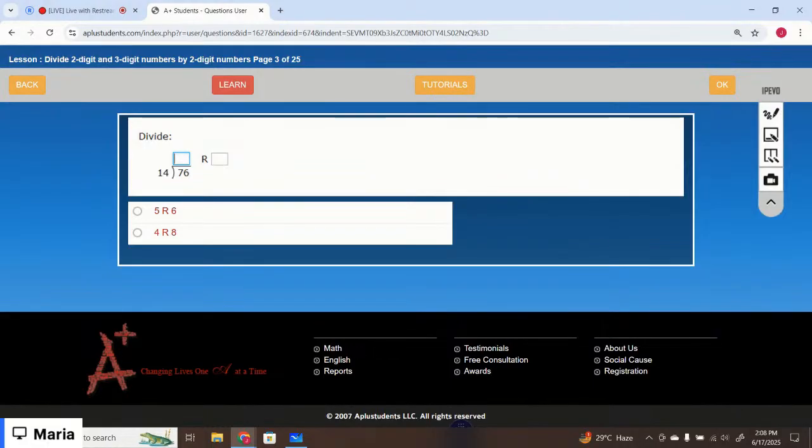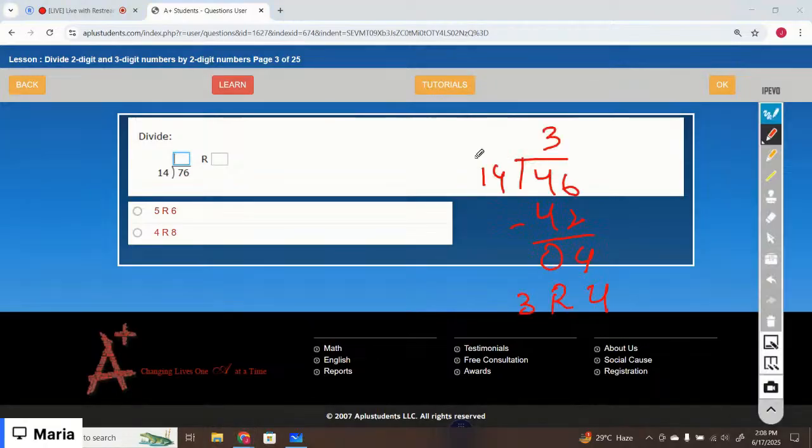Seventy-six divided by 14. So let's just do it. So let's just divide 76 divided by 14. So we can go for 14 times 5 is 70.